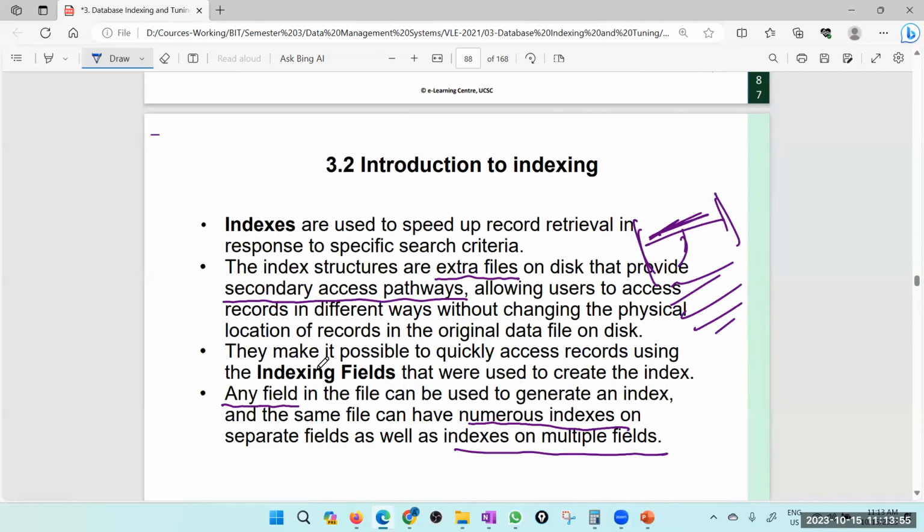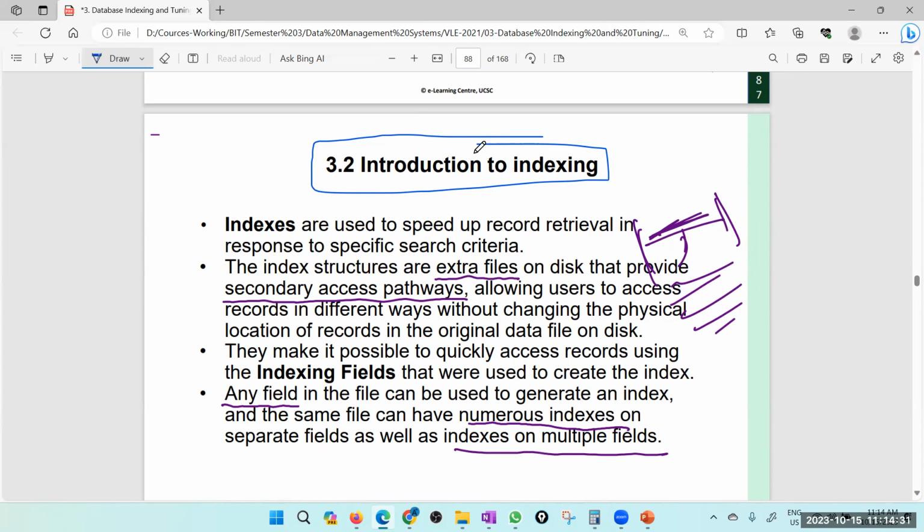Right. So now we move on to our most important topic, or the most challenging topic, that is indexing. Remember, we have three types of files: heap file, sorted file, and then hash file, or the hashing technique.